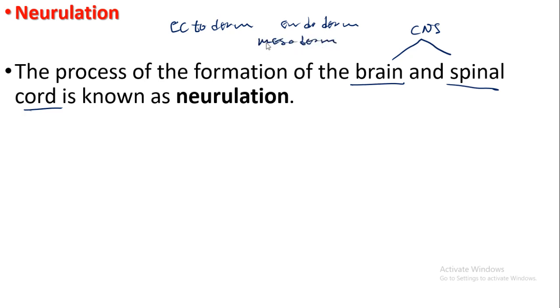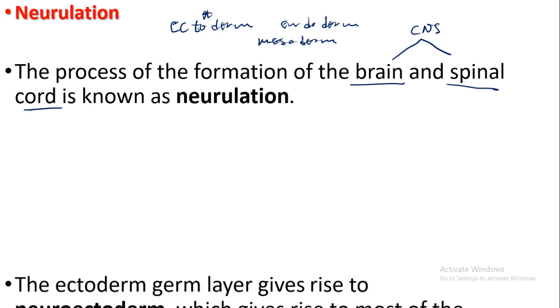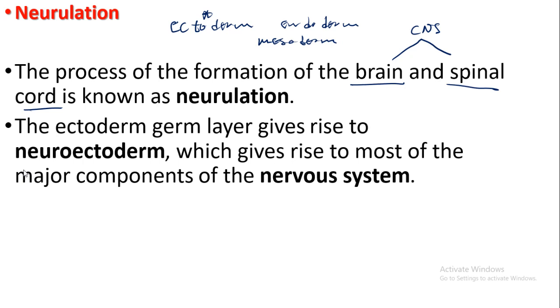Of the three, the one which is playing a role in the formation of the brain and the spinal cord is the ectoderm. So this ectoderm will give rise to a layer which is known as the neuroectoderm. Remember that the ectoderm can differentiate into a lot of things, such as the upper layer of the skin, which is the epidermis.